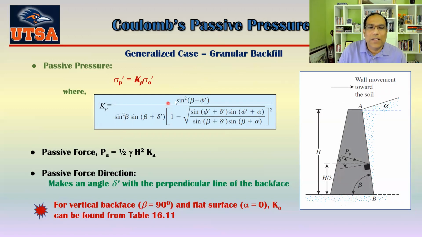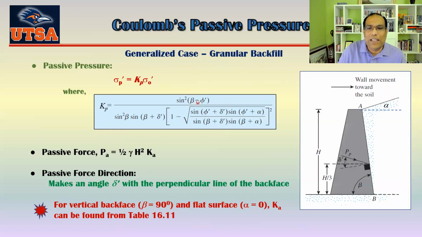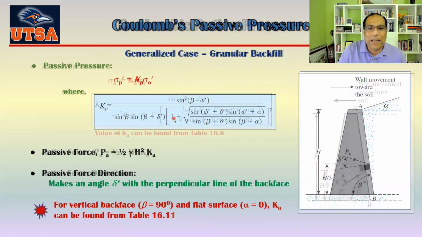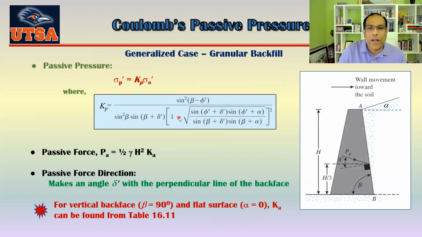This is your equation for Kp. If you look at your Ka, the only difference is that some signs have changed. Here it is positive, and there it is negative. It's a very similar equation, but the signs are a little different.